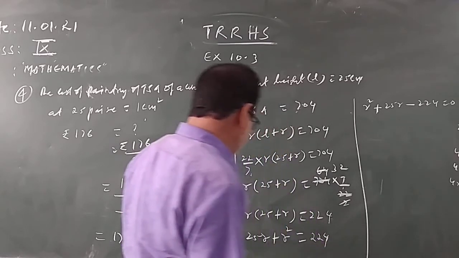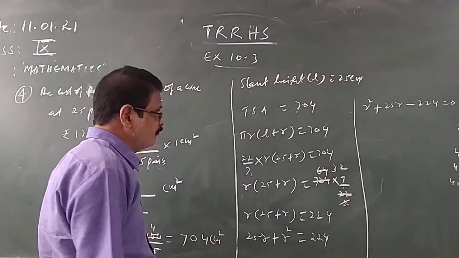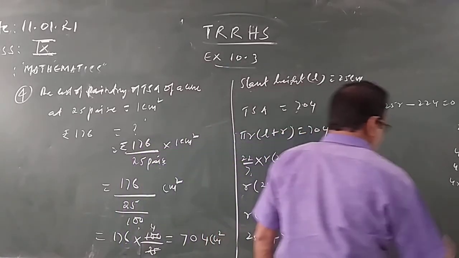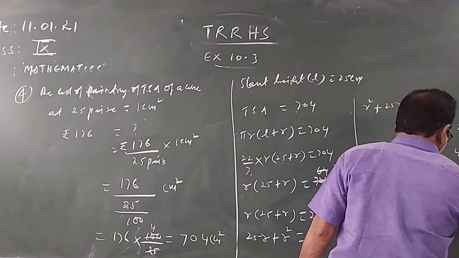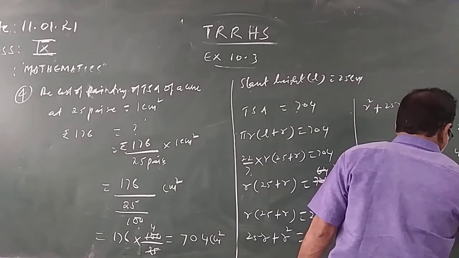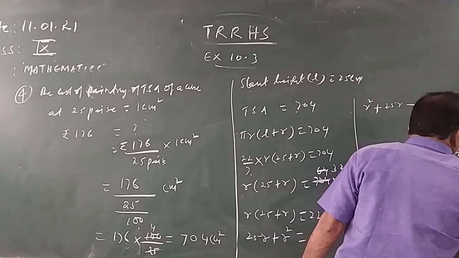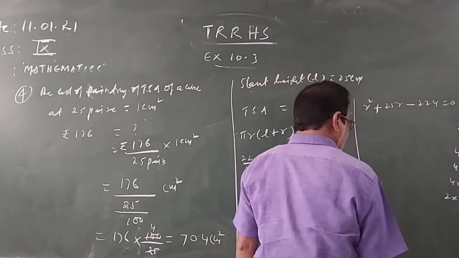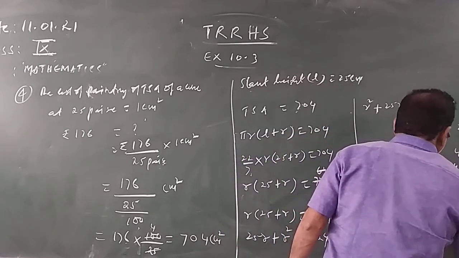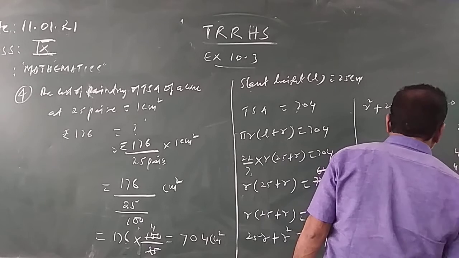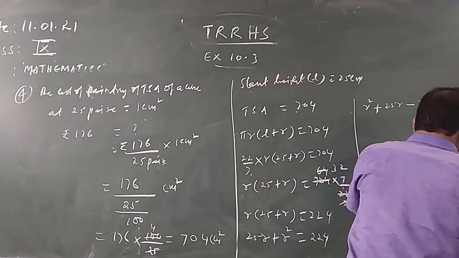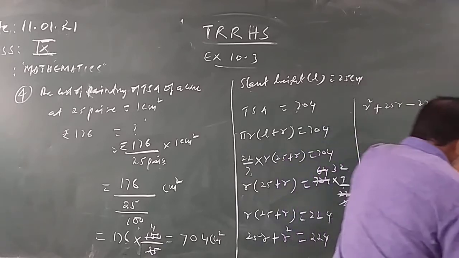We need factors that give 25. We factorize 224: 2 into 2 into 2 into 2 into 2 into 7, that is 32 into 7.